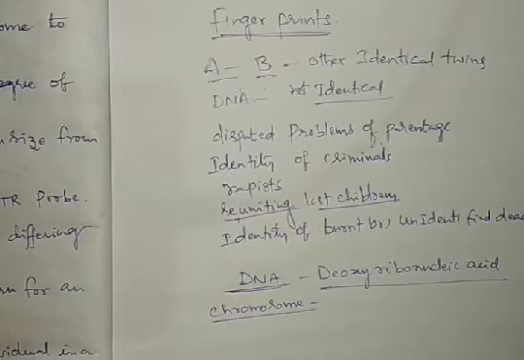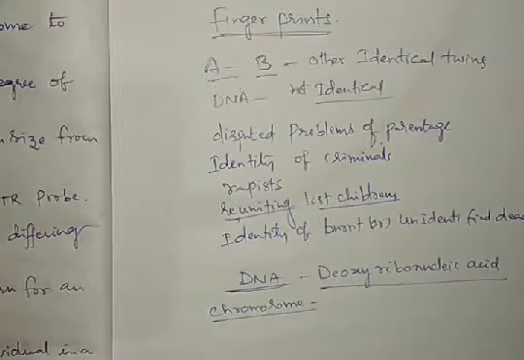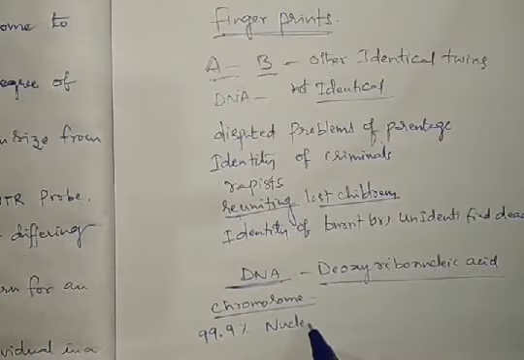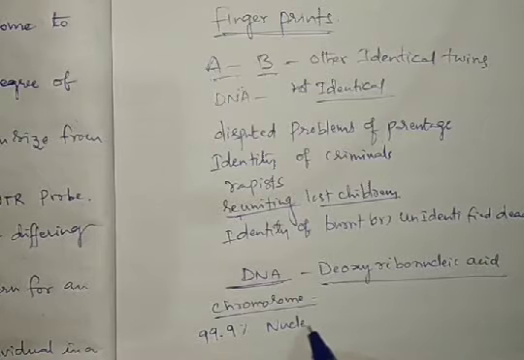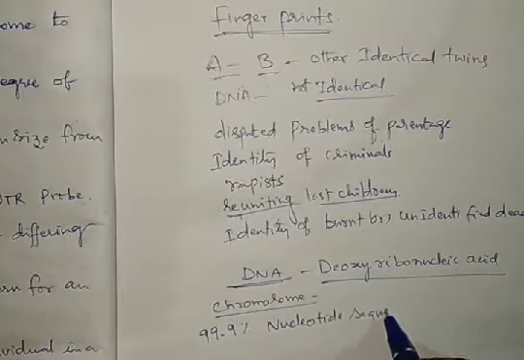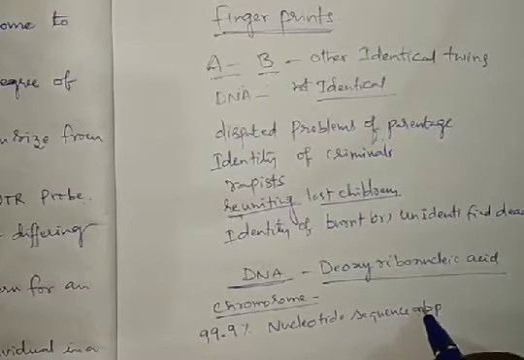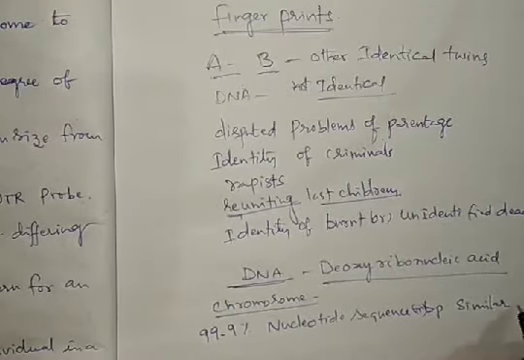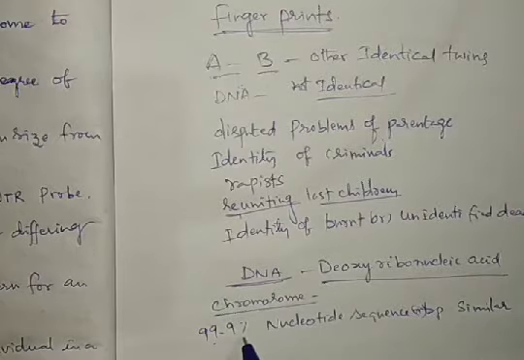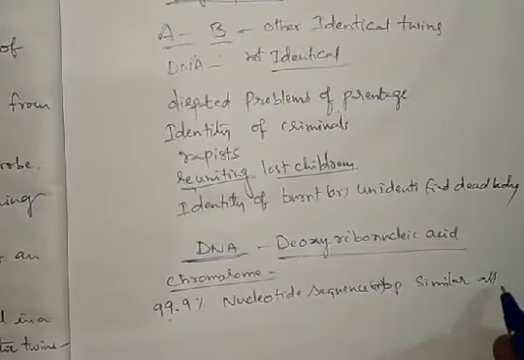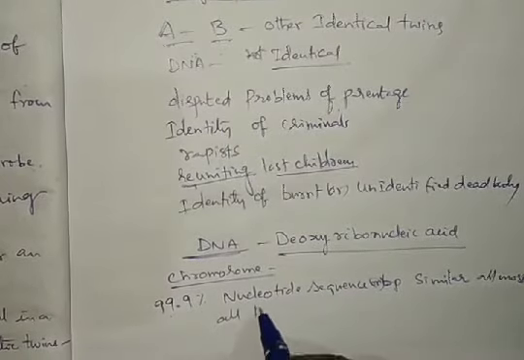So already we studied in the Human Genome Project that 99.9% of the nucleotide sequence, the nitrogen base pairs in our DNA, are similar in almost all people. 99.9% of the base pairs are similar in almost all the population.